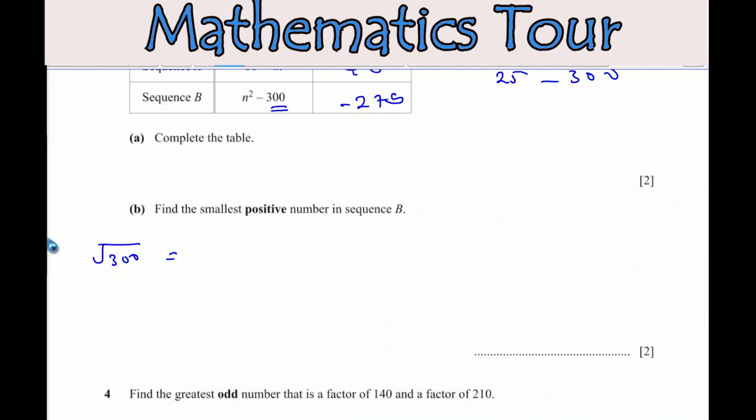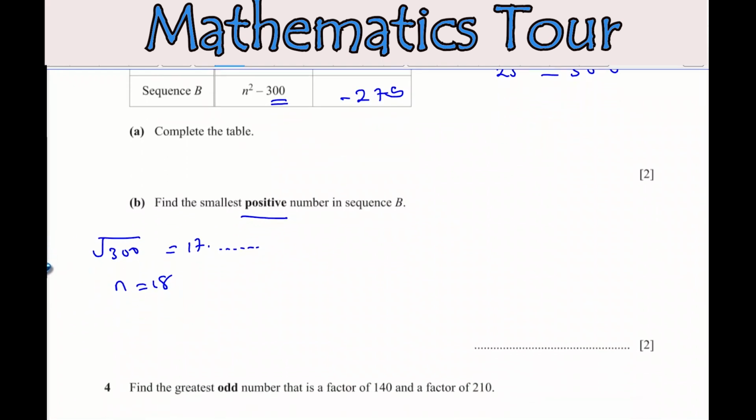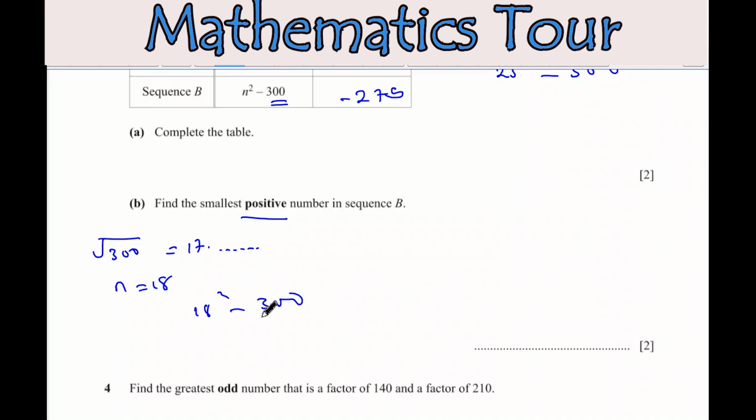So the value of n that will be very close to this to get a positive number is 17 point something, so we need n to be equal to 18. That is where we can get the smallest positive number. If you do 18 squared, then minus 300, this should give you 324 minus 300, and you have 24 here.